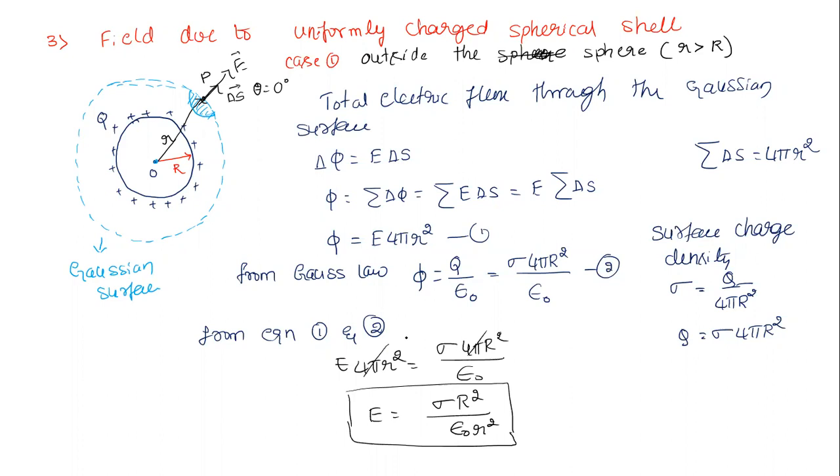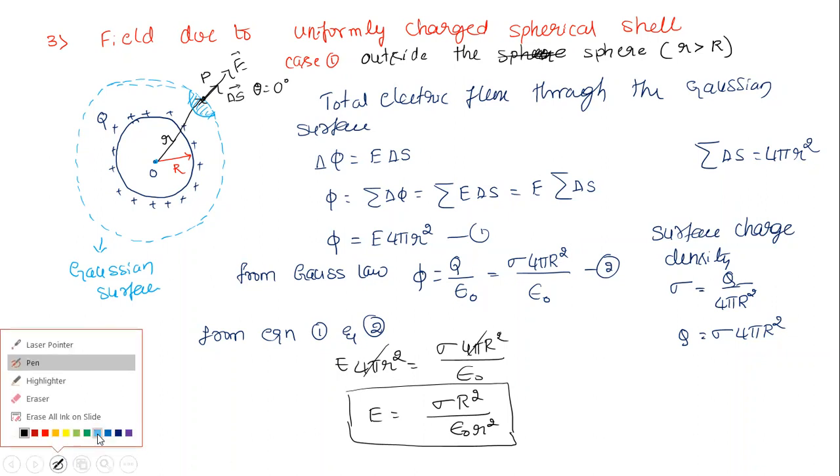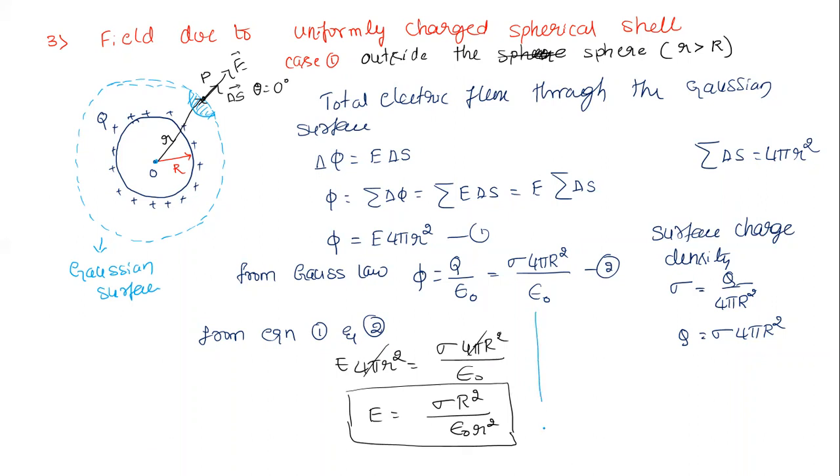We can write this equation in the other way also. Other way what? Sir, in the equation number 2, instead of taking this one, if you take just as Q by epsilon naught, what will happen? Okay, I'm going to take with different color here. If I use only this portion, then it will become what now?